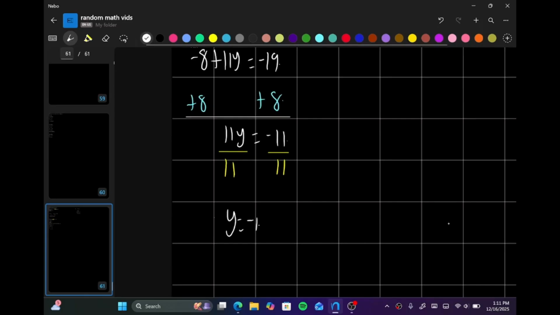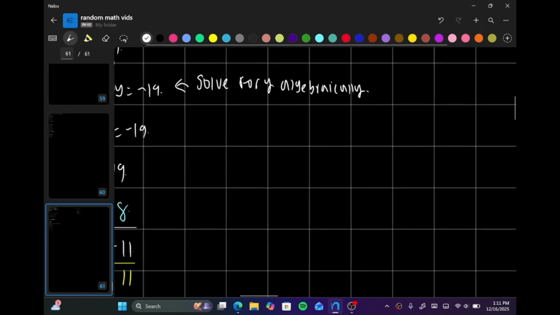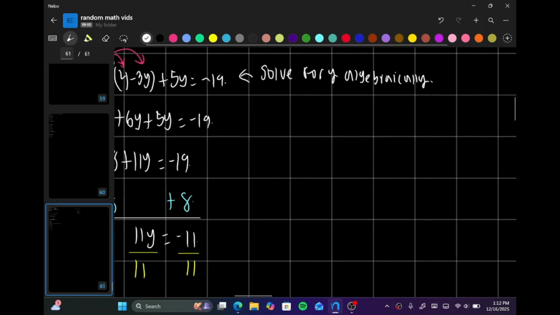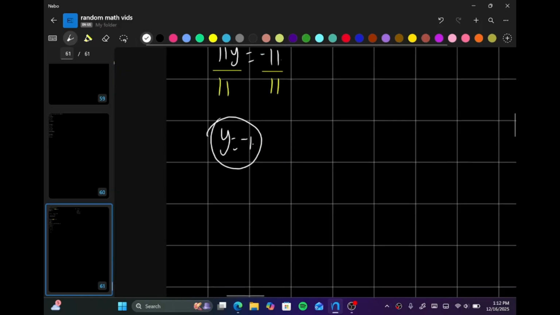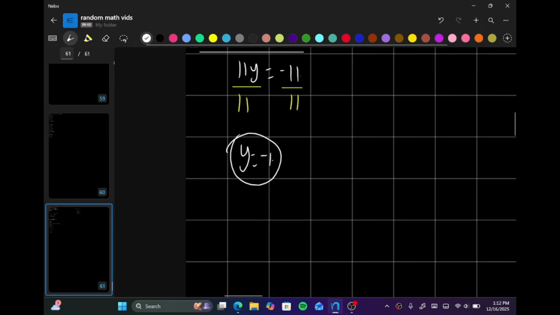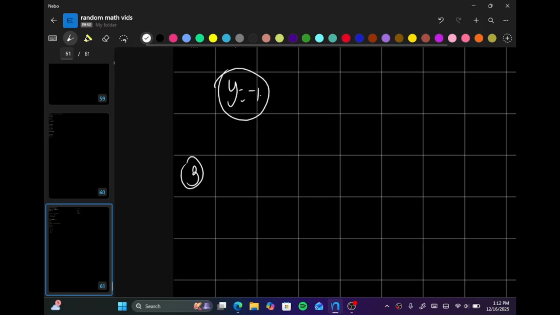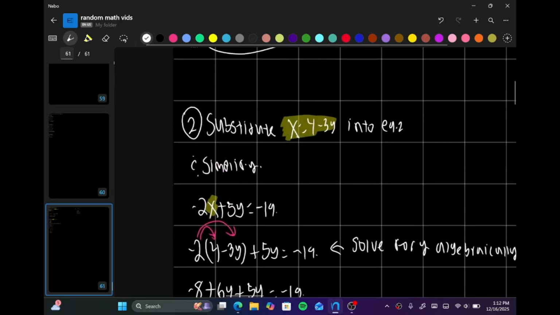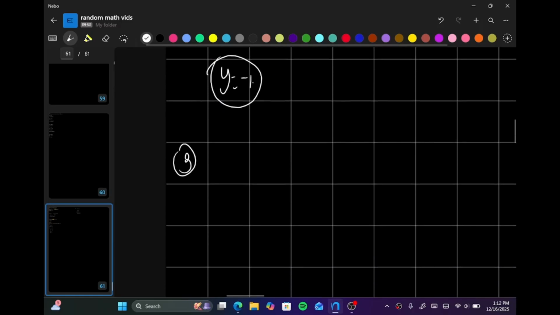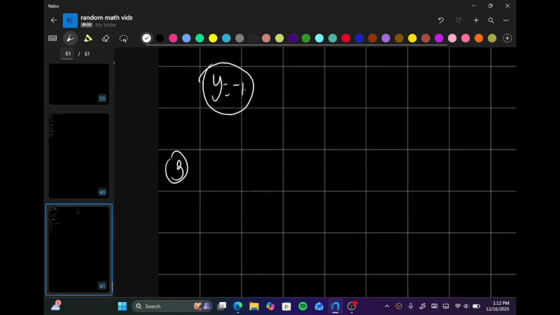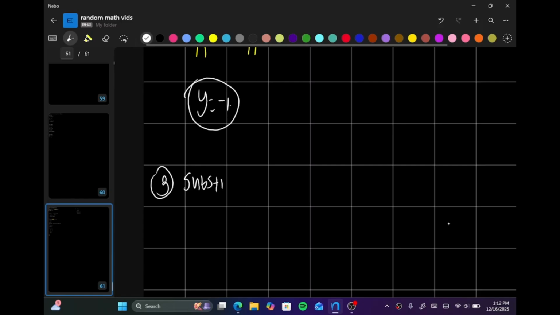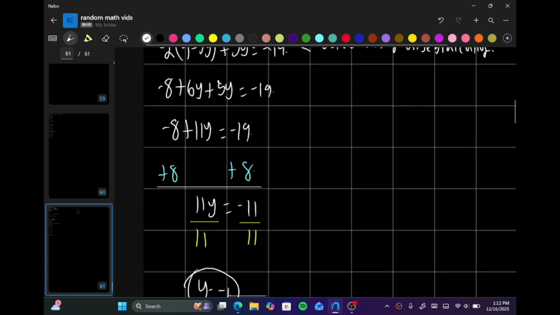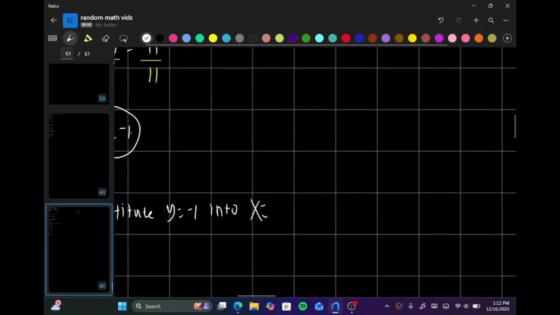Now step number 3. You want to substitute y equals -1 into x equals 4 minus 3y, and simplify.